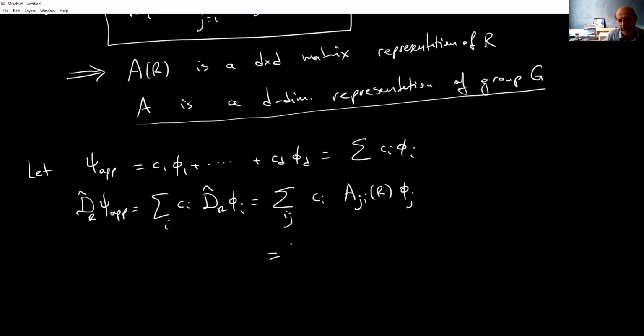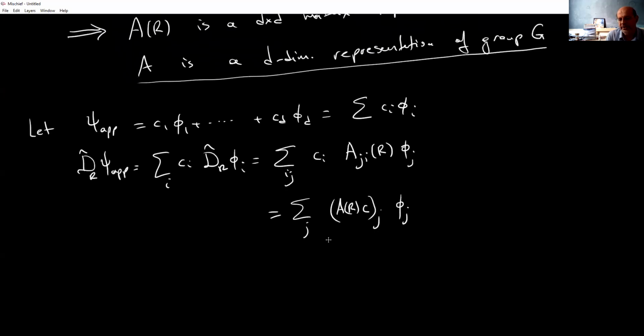I would like to write this thing down as a sum over j, where there's a coefficient in here. The coefficient appears to be the matrix A(R) applied on these coefficients, the jth entry.